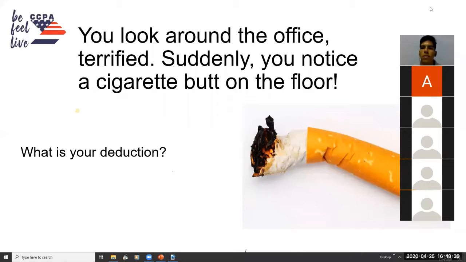The cigarette must not be from the murderer, because I think it's just too stupid to drop a cigarette when it has your DNA and all of that. Yeah. Okay, great point of view. It must not have been from the murderer. Alex says she must have been murdered by a dumb smoker. I don't think so.